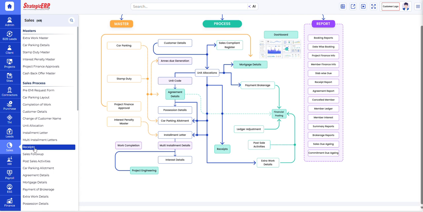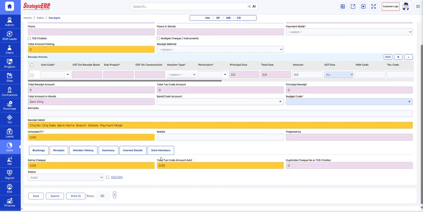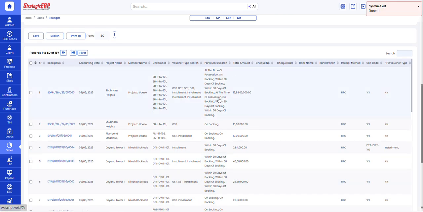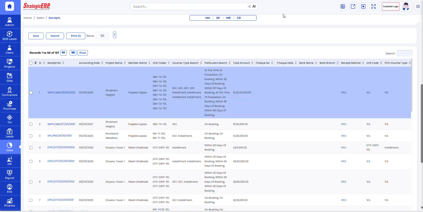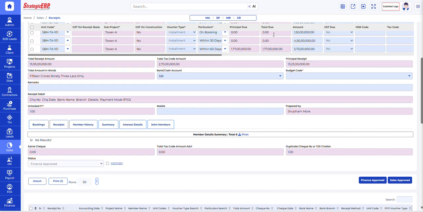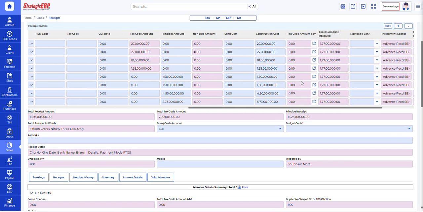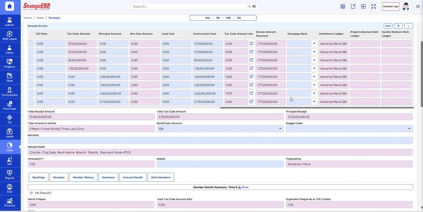When we capture a receipt entry for a customer taking a mortgage from the bank, we have a provision to capture how much amount is released from the mortgage by the bank.